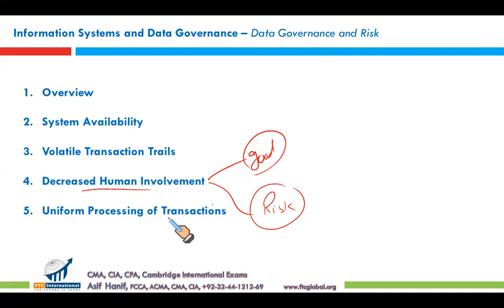Uniform processing of transactions means the computer needs to be told that when A plus B is added, the result is C, or when X is multiplied with Y, the result is Z. Once it is told, it can process millions and millions of such complex transactions in an almost errorless way. Clerical errors are eliminated.